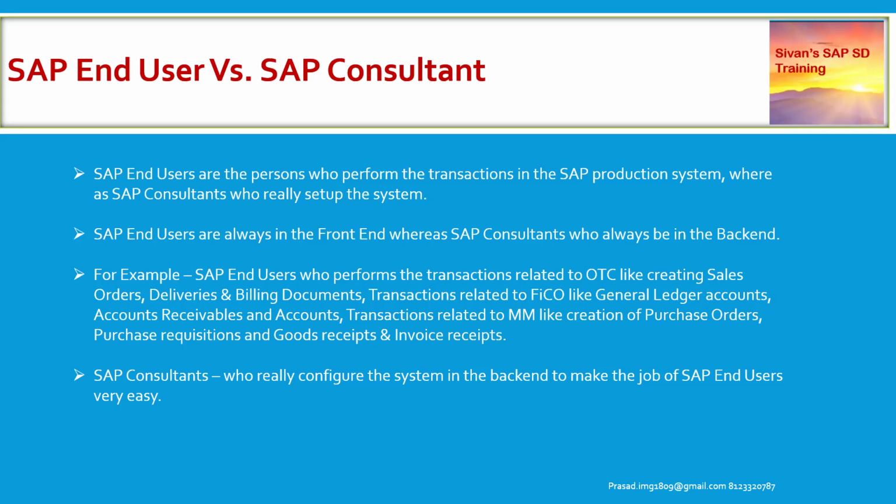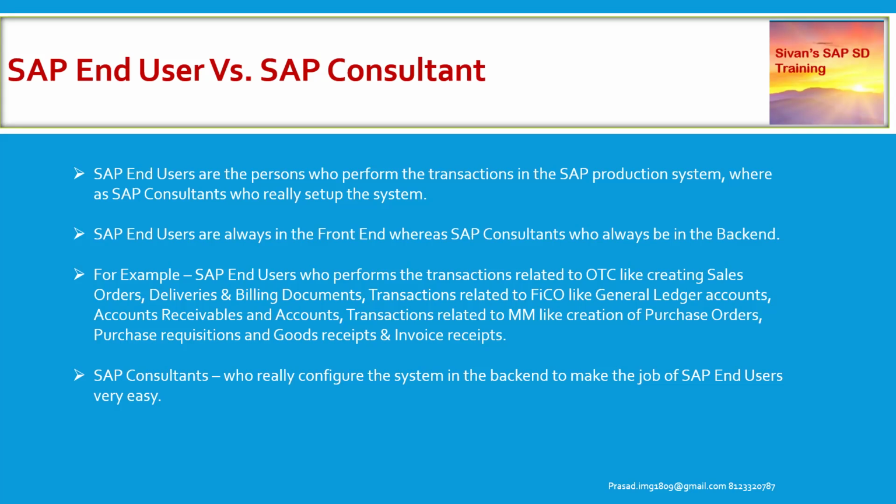Whereas an SAP SD consultant, or SAP FICO consultant, or SAP PP/QM consultant will be confined to their areas only. They will not come out and perform the other modules' transactions. That is what happens in real time.